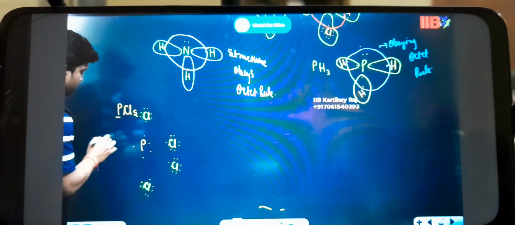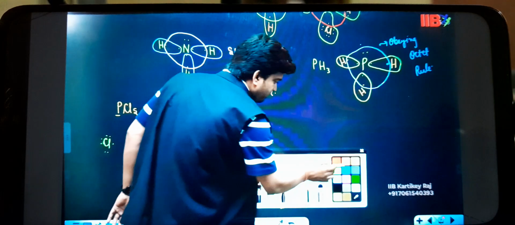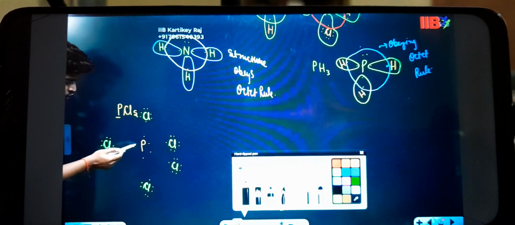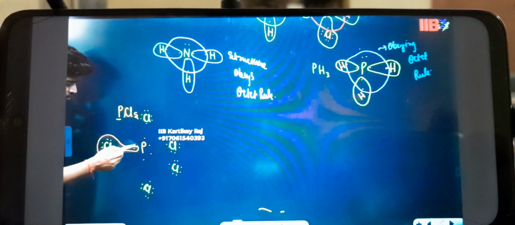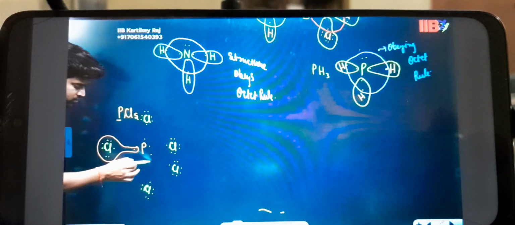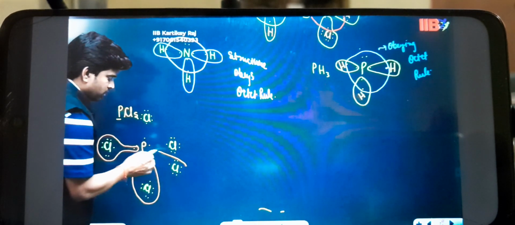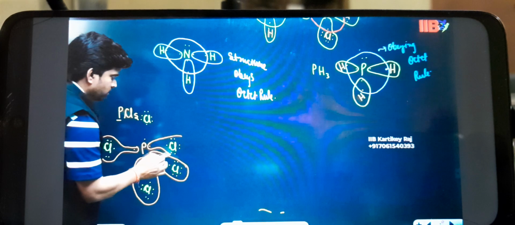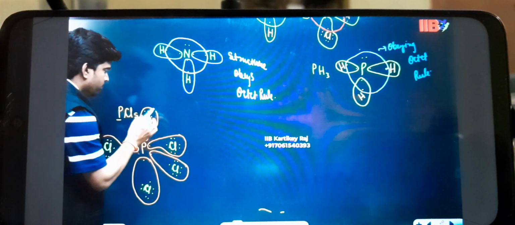Again, you take the chlorine. Now see, what you have to do, this chlorine wants to acquire the octet. It maintains the octet configuration. It also maintains octet. This also wants to acquire octet. This also acquires octet configuration. This also acquires octet.